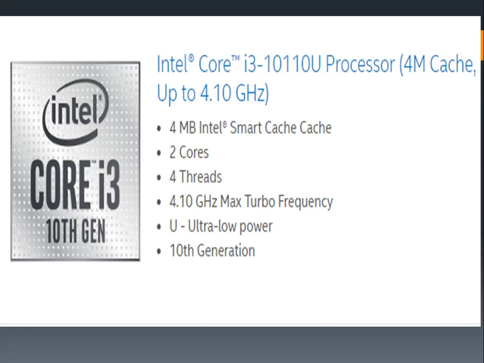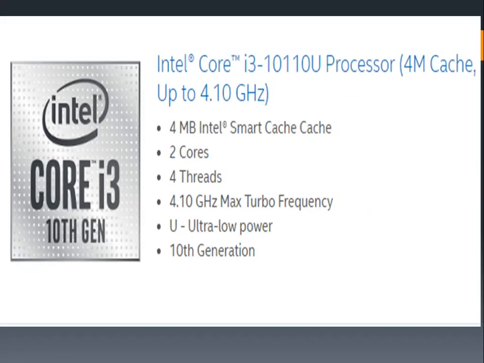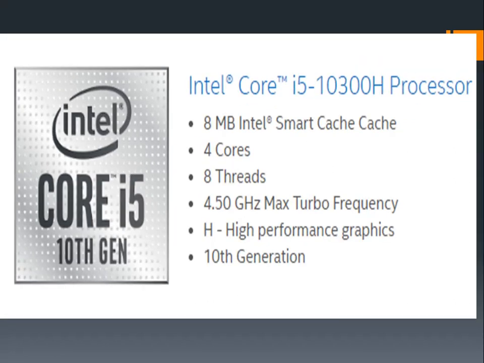And then threads: Core i3 had 4, and Core i5 has 8. And then the clocking speed: Core i5 is 4.50 gigahertz, but this one is 4.10 gigahertz. So the clocking speed is a bit close. Okay, the thing now is these are called multiple cores because they've got more than one core.